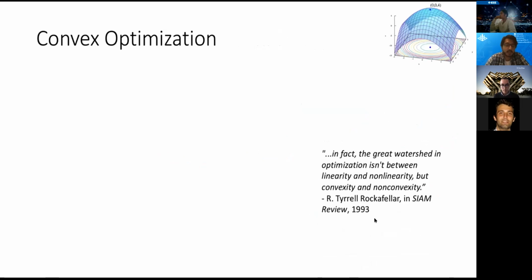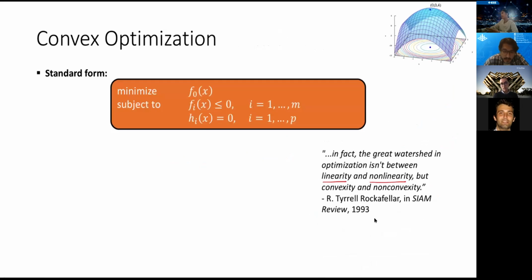So as I mentioned, we differentiate now optimization problems under convexity or non-convexity. So previously it was between linearity and non-linearity, okay? So let's consider again our standard formulation, as you remember. So we had our objective, our constraints.